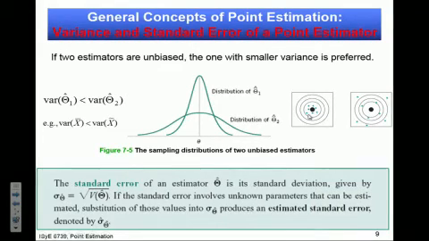By the way, that's the variance. If you take a square root, it becomes the standard deviation. Sometimes we call it the standard error of the estimator. So the standard deviation of an estimator is also known as the standard error.